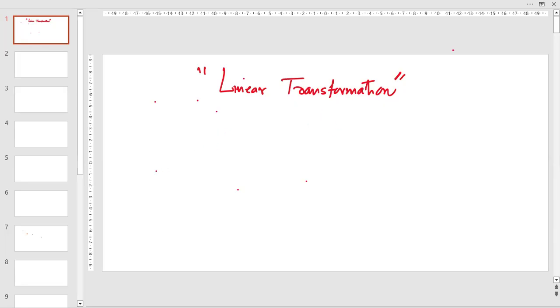Today we will study linear transformation. We'll take up a theorem.